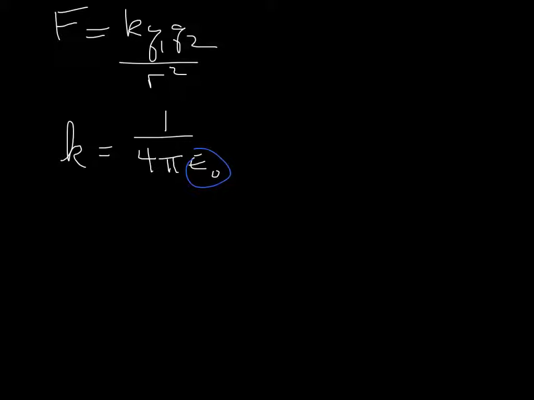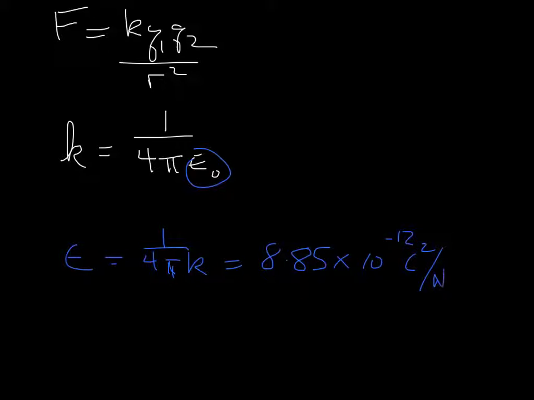And it has a value that is given according to epsilon naught equals 1 over 4 pi k, and that equals 8.85 times 10 to the minus 12 coulomb squared per newton meter squared. Okay, and again, this is not really that important to know, but I want you to be familiar. Very often you're going to see K written as this 1 over 4 pi epsilon naught.